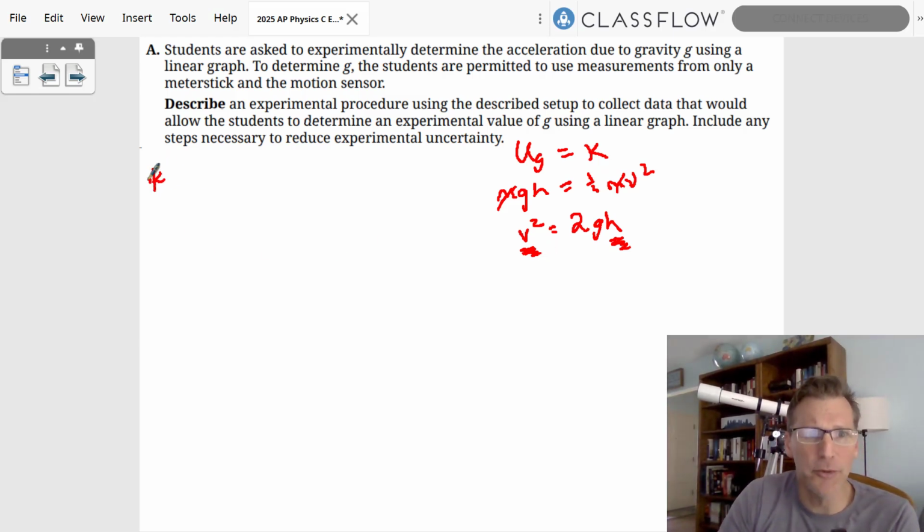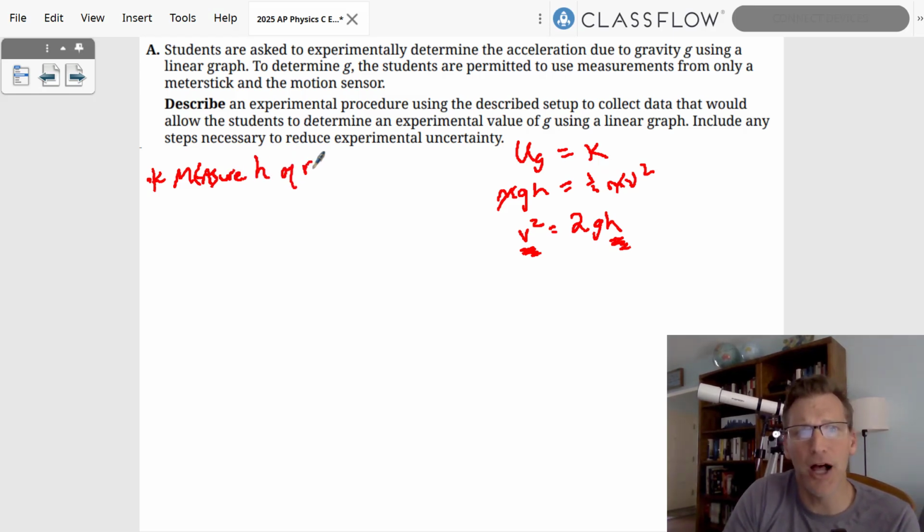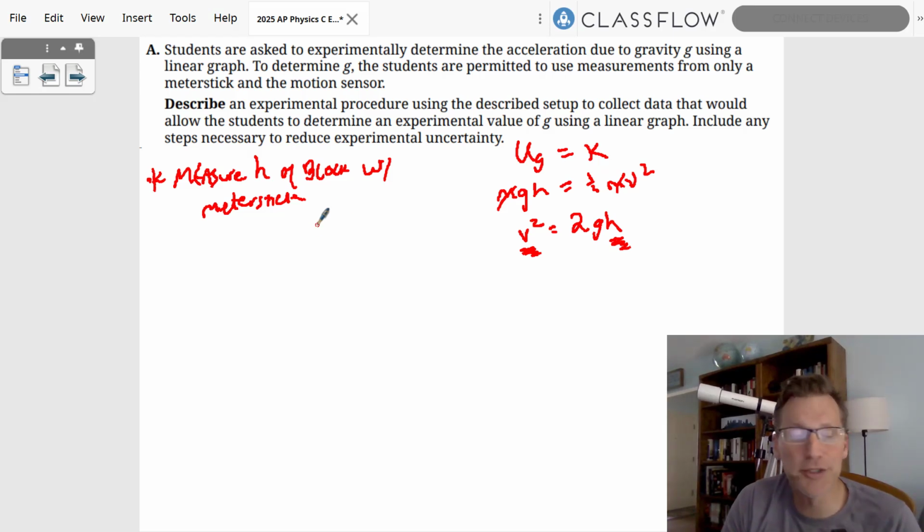So first thing to do is we want to measure the height of the block with something, with a meter stick. You could also use maybe a digital technology to measure the height. You could use a camera, and so you could know the height with the meter stick, but you got to measure it with something.